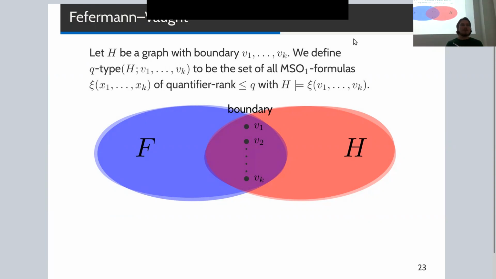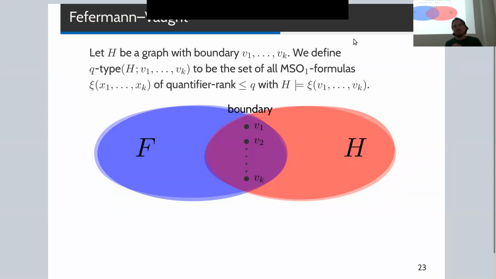If you remember for our coloring problem, we wanted to store in our dynamic programming tables whether a certain coloring of the boundary could be extended to the remaining graph or not. This kind of information is in particular also captured by the Q type. You could have a formula that says V1 should have this color, V2 should have this color, V3 should have that color, and there exists a coloring of the remaining graph that is compatible with the coloring that you choose for the boundary vertices.